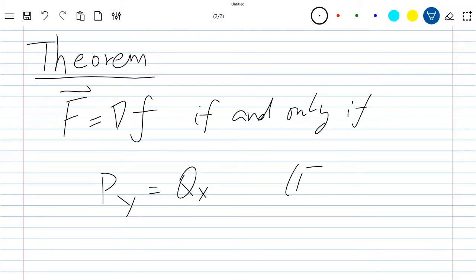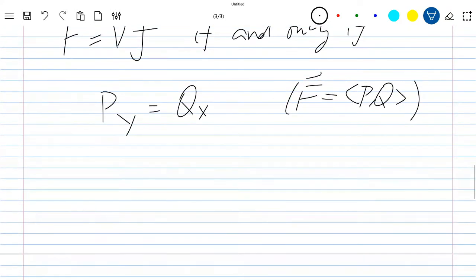And here F equals (P, Q). And this is for 2D. For 3D, we have a more complicated condition, but similar. We will mention that a little later.